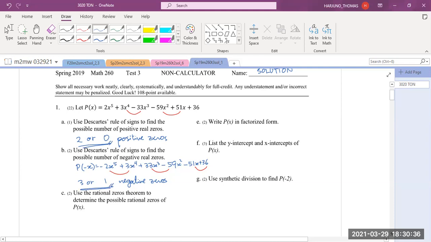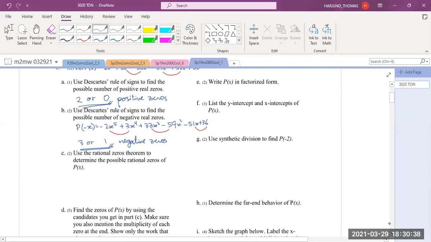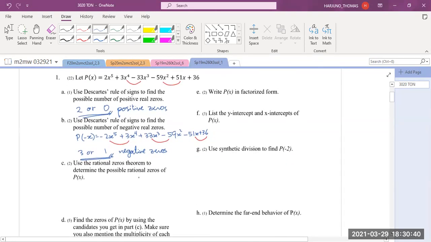Part C, use the rational zero theorem to determine possible rational zeros. So C will be plus or minus a factor of 36 over 1 or 2. Dang, that's a lot. 1, 2, 3, 4, 6 times 6, 36. So that's 4 times 9, 3 times 12, 2 times 18, 1 times 36.